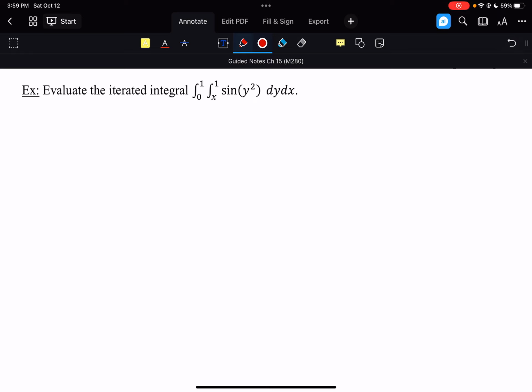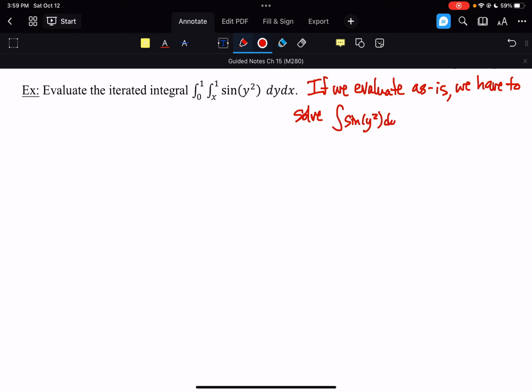So if we evaluate as is, we have to solve the integral of sine of y squared dy, which we cannot do.